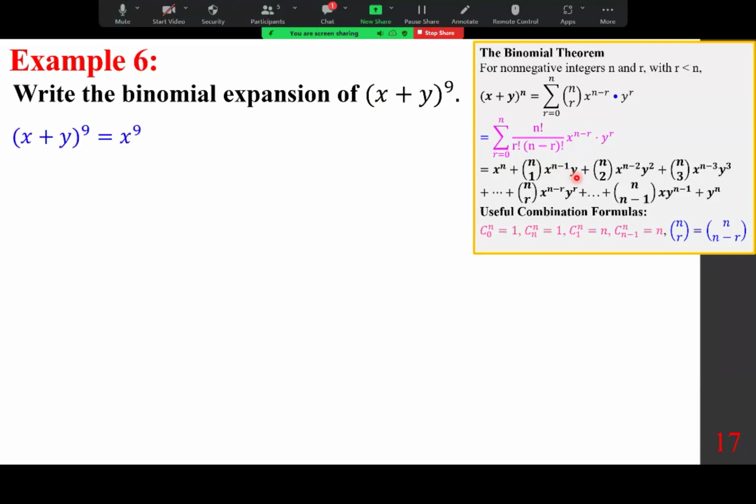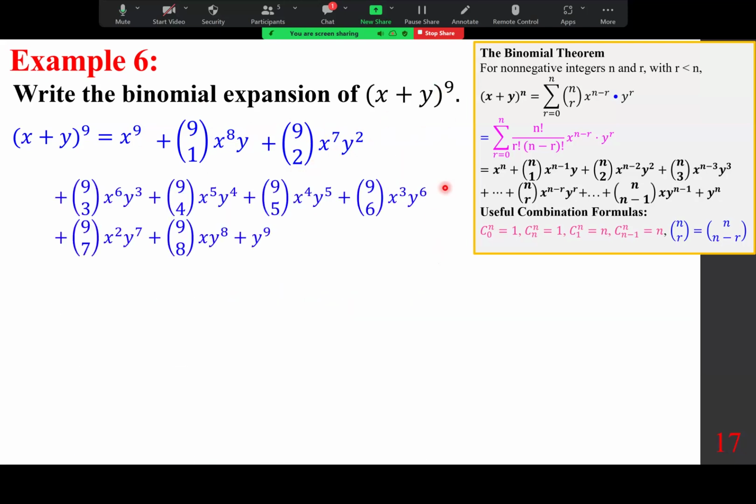So I'm going to write x to the power of 9 as the first term, according to this. The second one, 9 choose 1, x to the power of 8 y. The next one would be 9 choose 2, x to the power of 7 y squared. So right here, you notice we start with n, then it's 8 and 1, it's 7 and 2, the next one would be 6 and 3, 5 and 4, all the way to the end, and 9 choose 1 becomes 9 choose 2, 9 choose 3, 9 choose 4.